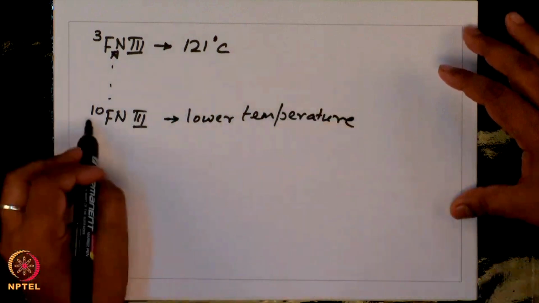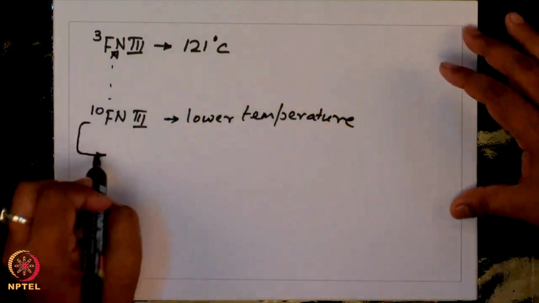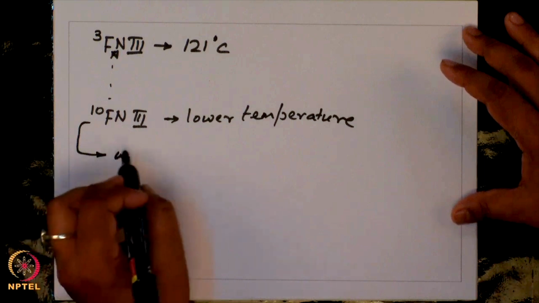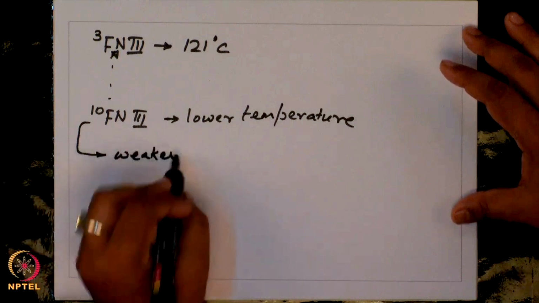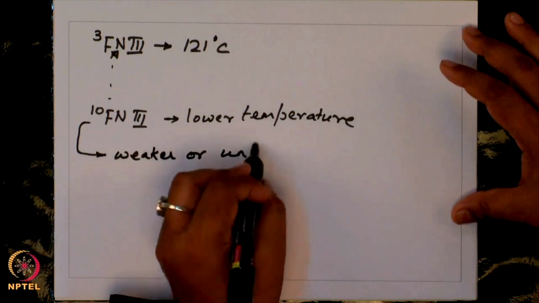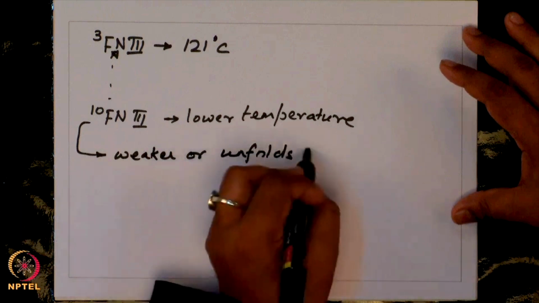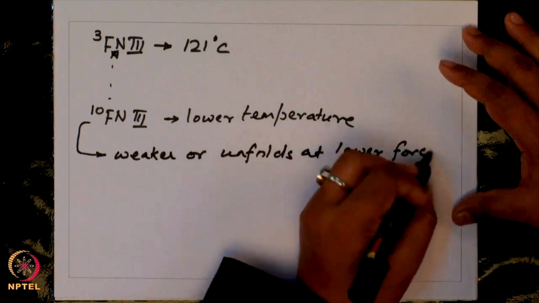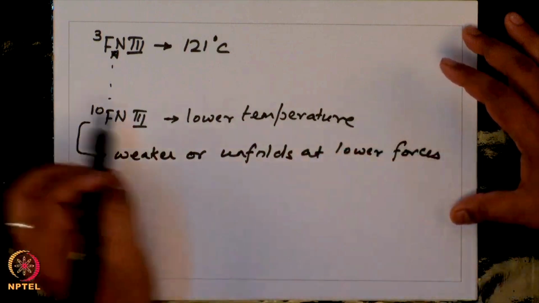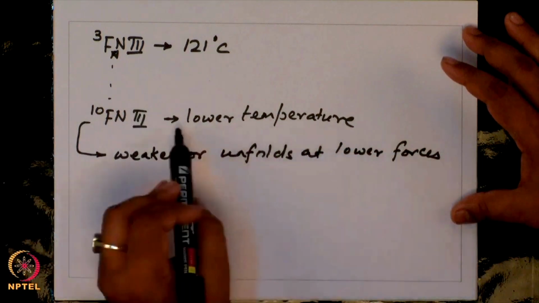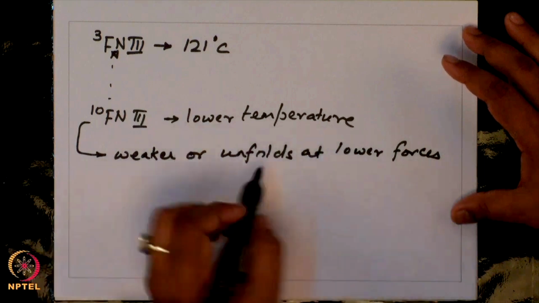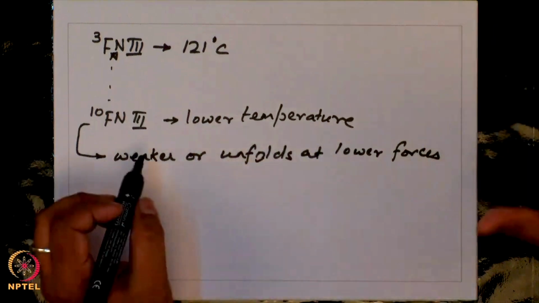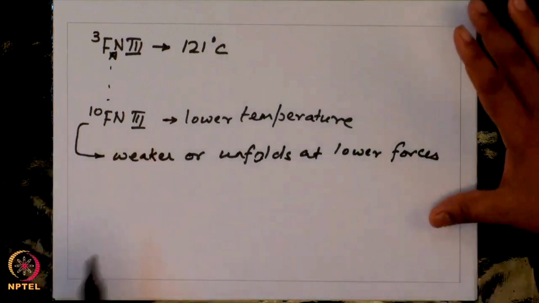So, these would suggest that FN10 is weaker or unfolds at lower forces. Okay. So, because it gets denatured at the lower temperature, you can expect it to unfold in vivo at lower forces. Okay.